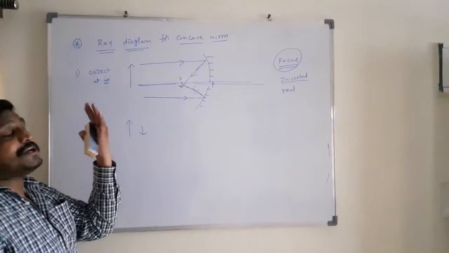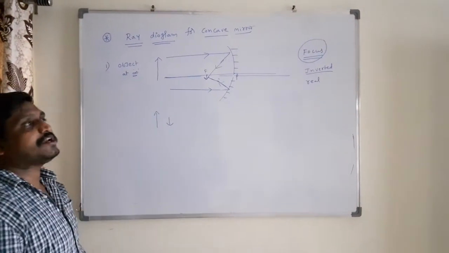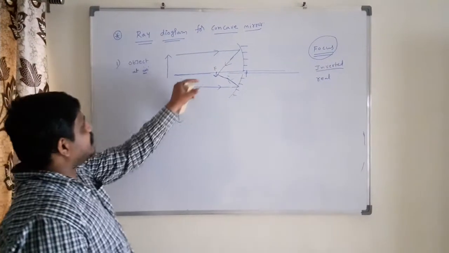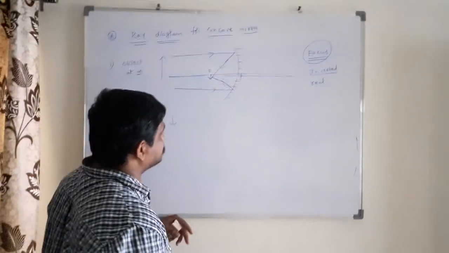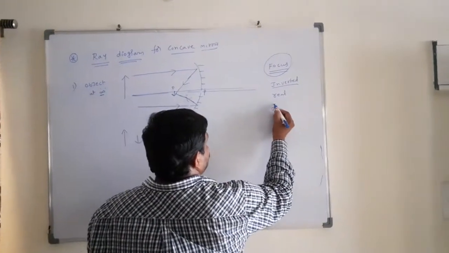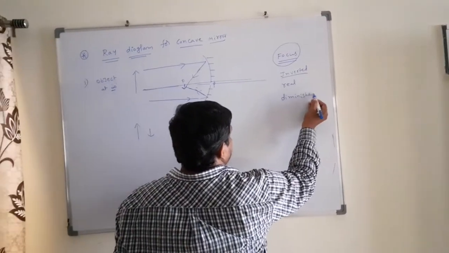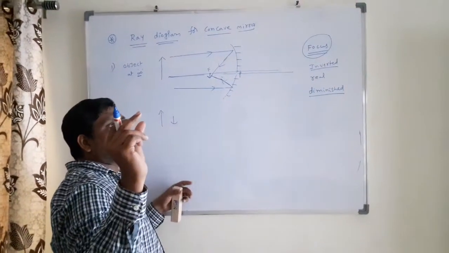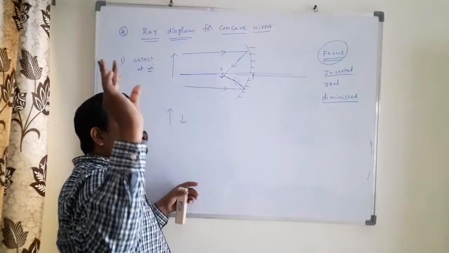The rays are coming from infinity distance, and the object is the sun. The sun is a very big size, but the image is formed in a smaller size, so the image is diminished. Diminished means compared to the object, the size of the image is small.